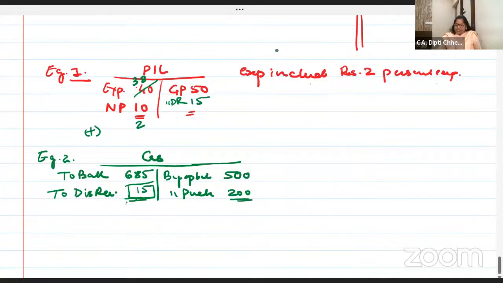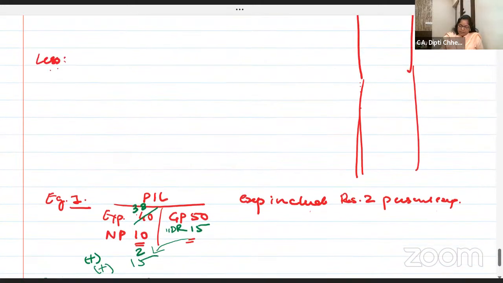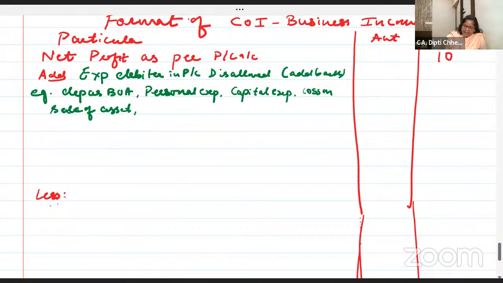Discount received 15. Discount received rupees 15 is income. But we miss taking it. Now, if I take 15 rupees, what is the impact on profit? Profit will increase by 15, yes or no? So that's what is the second add. Second add.